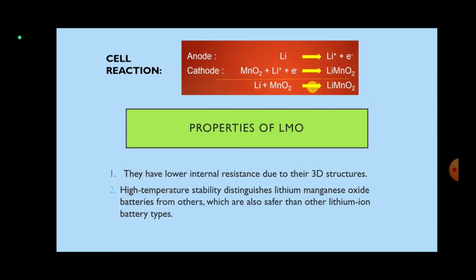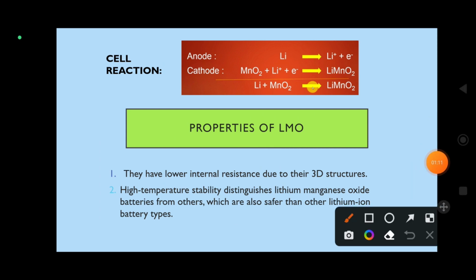Coming to cell reaction, at the anode, lithium undergoes oxidation to form lithium ion plus 1 electron, and at the cathode, manganese oxide undergoes reduction reaction to form lithium manganese oxide.